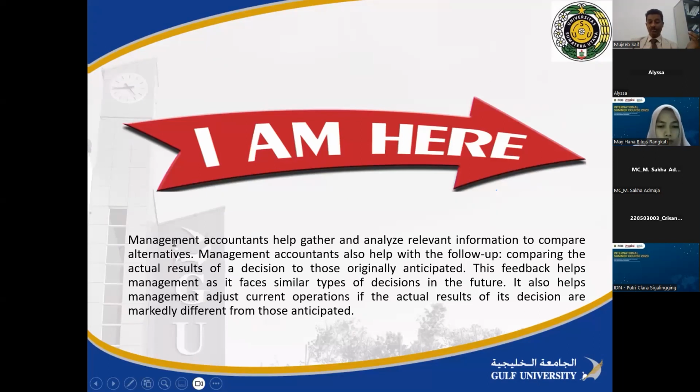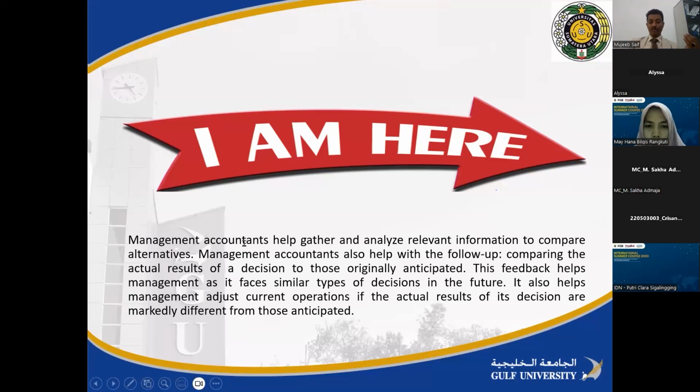Accountants help in gathering or collecting information and analyzing this relevant information to compare between alternative options, right? For example, we have two options and we want to make a decision on which one we will select.